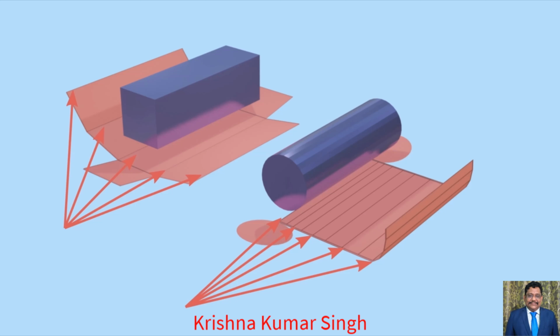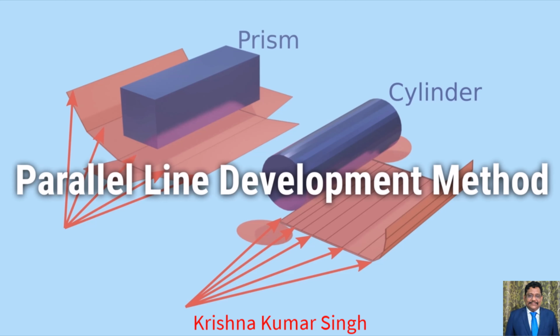This method is used for developing the solids in which all edges of lateral surfaces are parallel to each other. Examples are prisms and single curved surfaces. In prisms and cylinders, all edges of lateral surfaces are parallel to each other, so in these solids we use the parallel line development method for developing the surfaces.